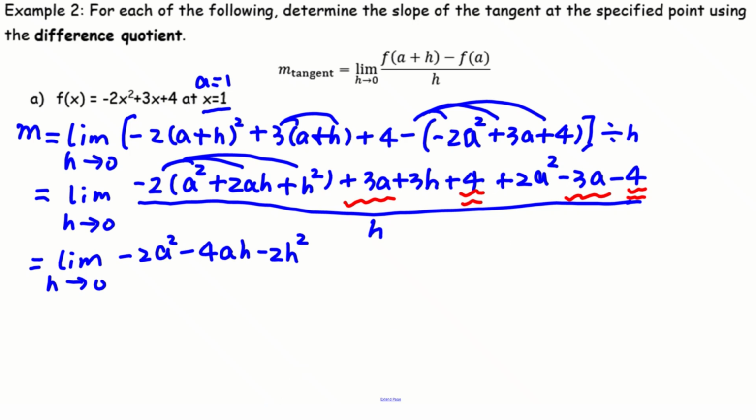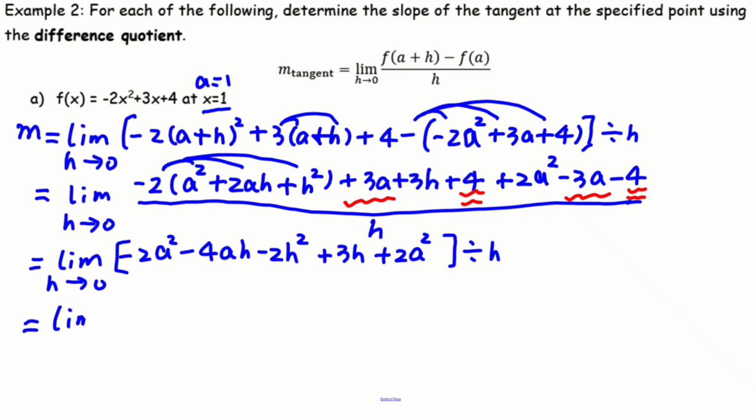Then we are going to have plus 3h left plus 2a squared left. Then we could just divide everything by h. We use divide by h instead of all over h to save some space. And you could continue to simplify. You can pause the video and try it by yourself.